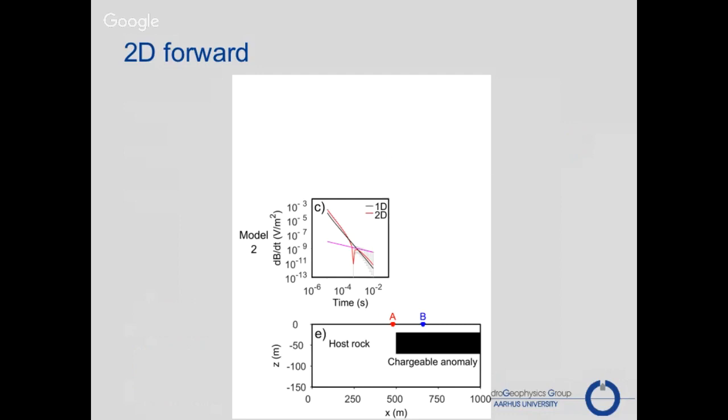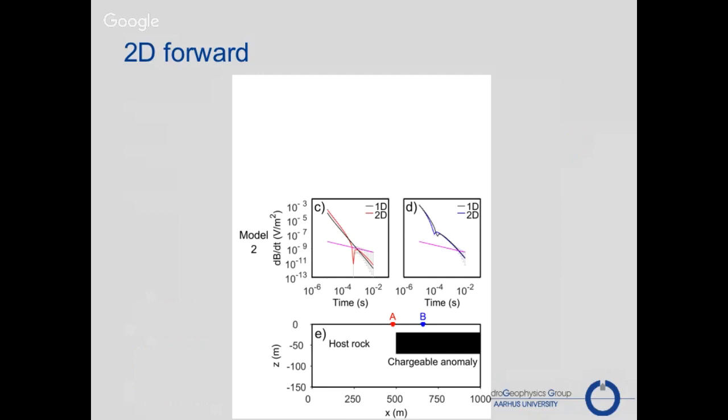So this is something that would be difficult to detect. If we go to a station that is on top of the chargeable body, you still see 2D effect. And this is why the time of the change of sign between 1D and 2D is different. So they are still different. But they start to be more similar when you go farther on. They are, of course, identical, and the same when you go in the Earth rock.